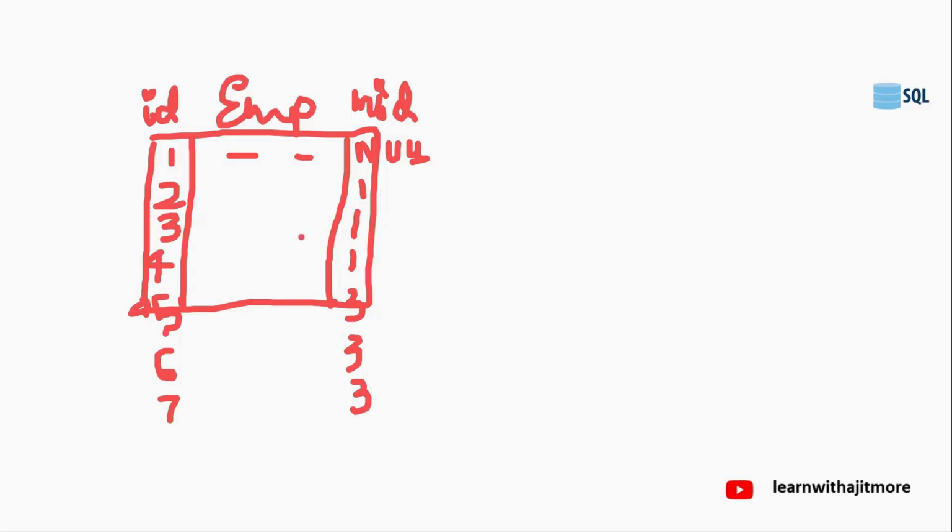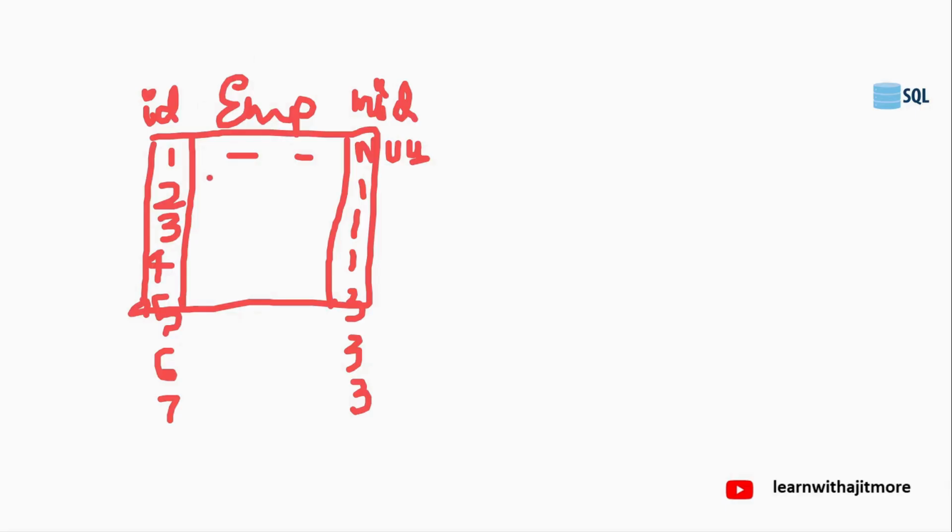That three himself is an employee, but he is a manager to these three employees. So in this case, in one table there is a foreign key which is referring to its own primary key.